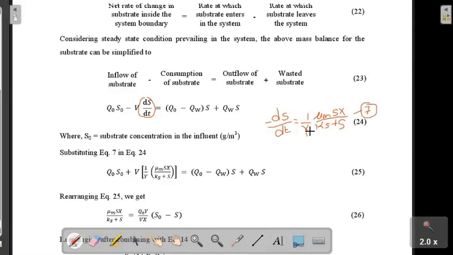We are just replacing the dS/dt here. So we can rewrite equation number 24.